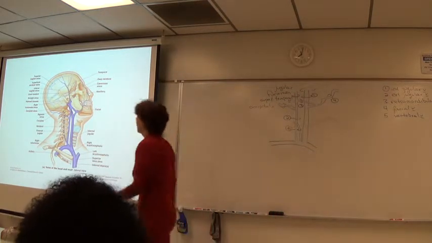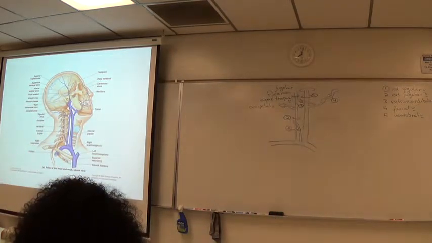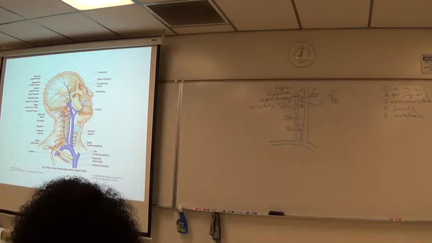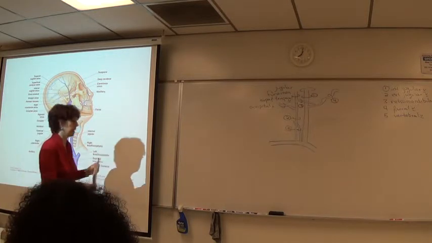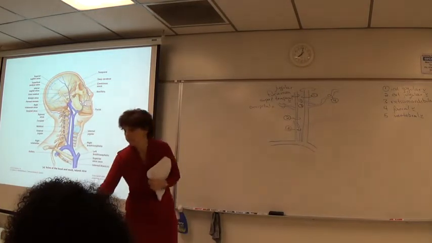Okay. So internal jugular and subclavian are going to join together to form the brachiocephalic vein. So 6 is brachiocephalic vein.